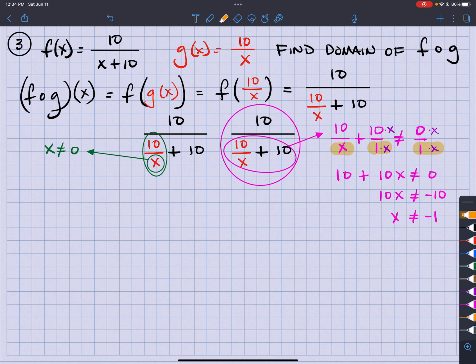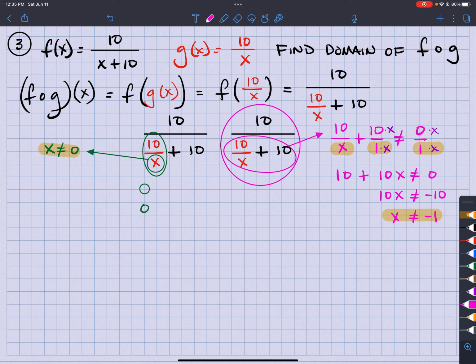So with that being said, here is where my issue is. I know that x cannot be negative 1 and that x cannot be 0. But that means it can be anything else. So if I was to draw my answer as a number line, I would have this part here at 0.